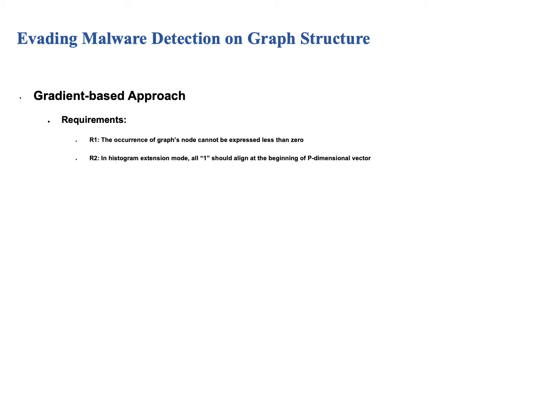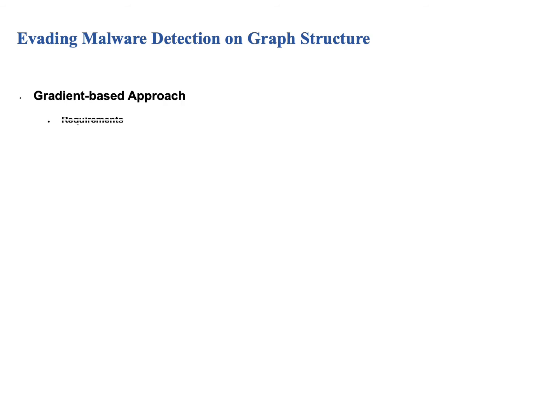This requirement comes from the detection system. And the third one is that we cannot reduce the number of nodes of the original graph, because that stands for a function. In our graph, that is a function call graph. The node stands for the function. If we reduce a node, it means that we remove one function from the original application. That will cause a logic problem.